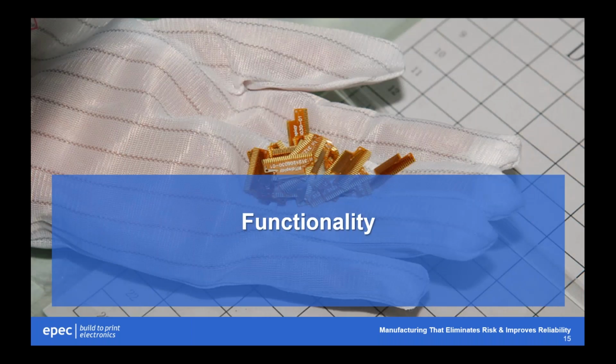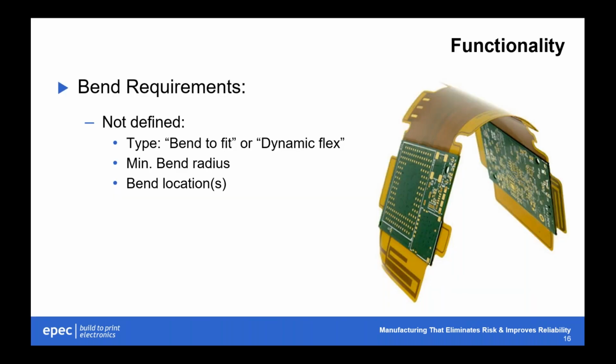The third section involves the functionality of the finished product, and this is an important element that we pay attention to during our design reviews. A very common scenario that we encounter is that the customers' databases do not define what the bend requirements are in a design. They don't define whether it's a bend once to fit application or a dynamic flex.